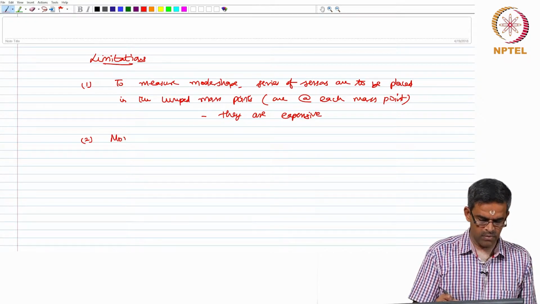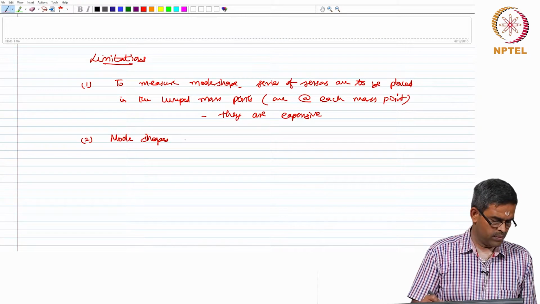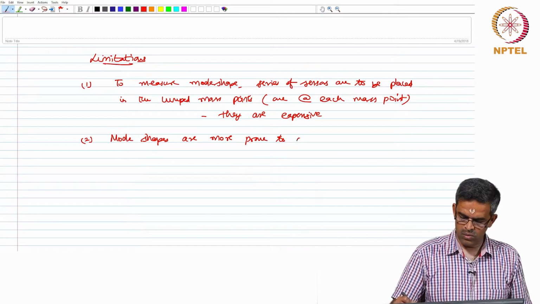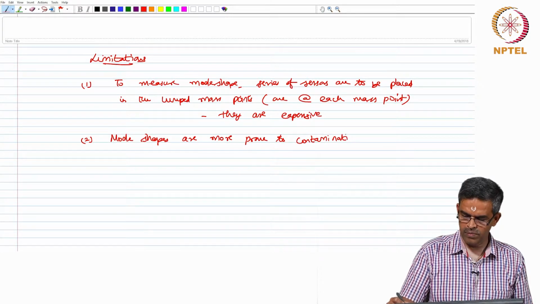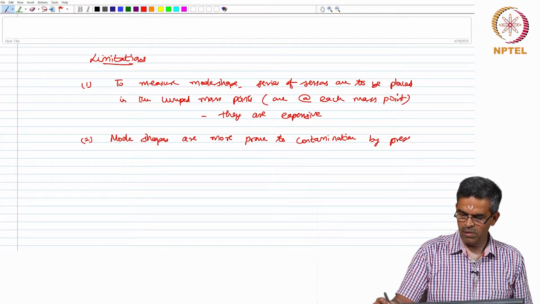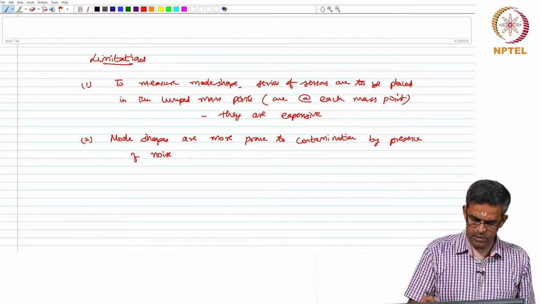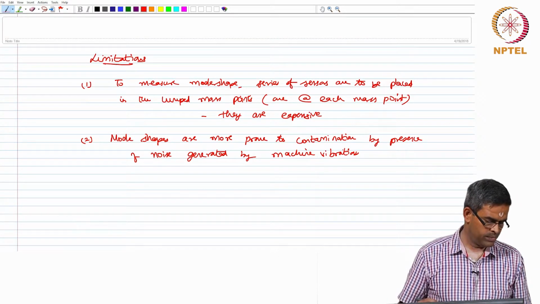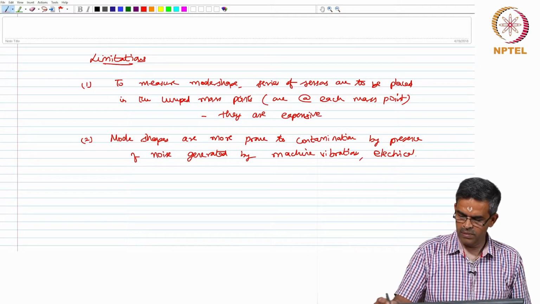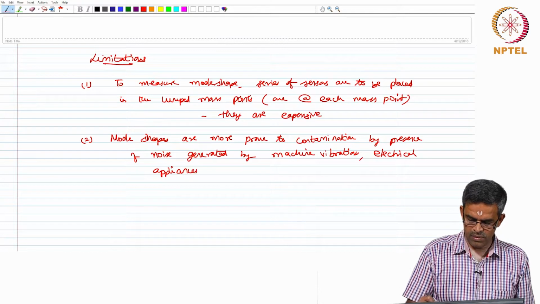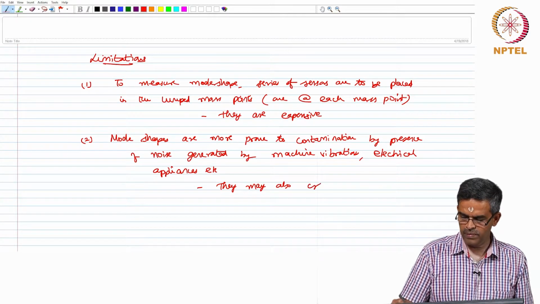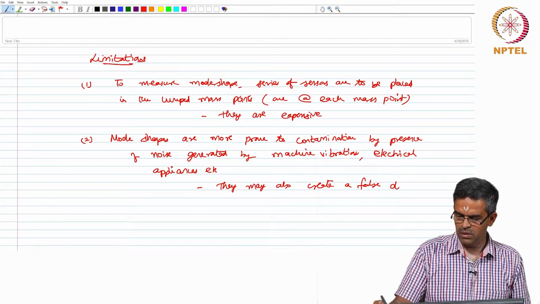Second, mode shapes are more prone to contamination by presence of noise generated by machine vibrations, electrical appliances, etc. So, there is a possibility that they may also create a false damage location.